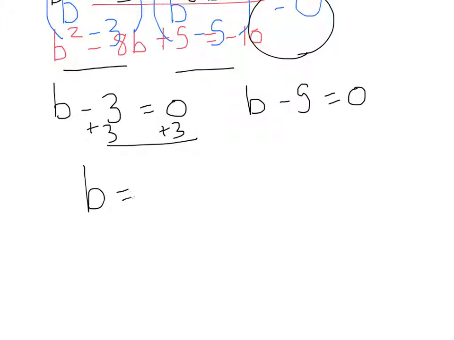B equals 3. And when I add 5 on both sides here, I get b equals what? 5. So what you just did is you just solved a quadratic equation by factoring. Say solve a quadratic equation by factoring.